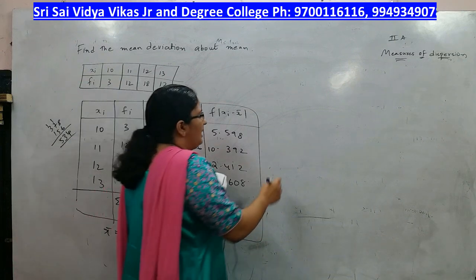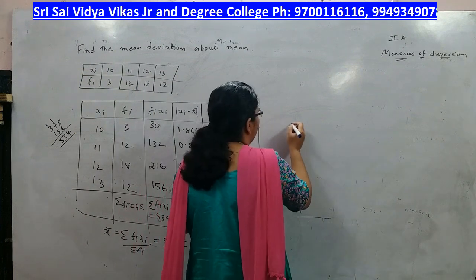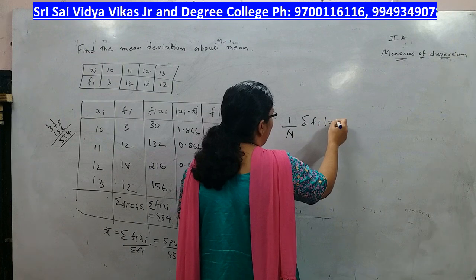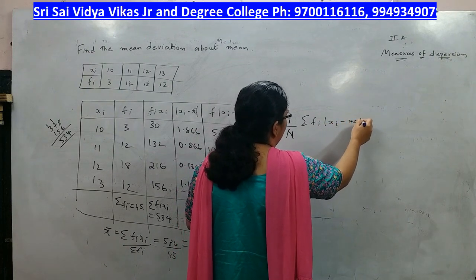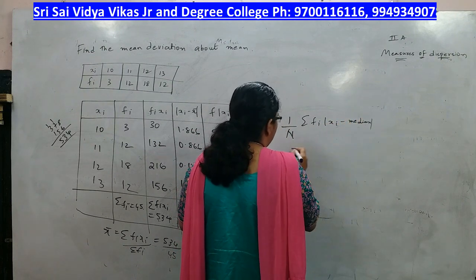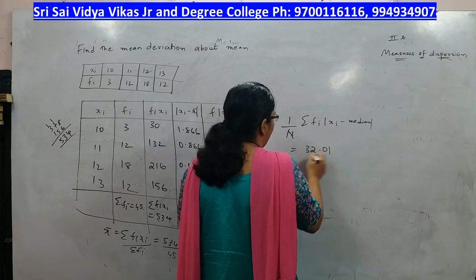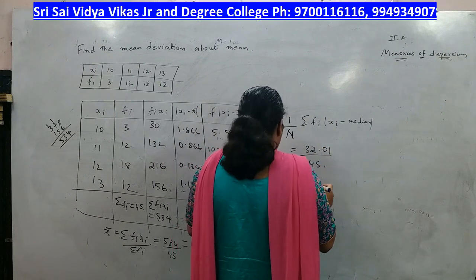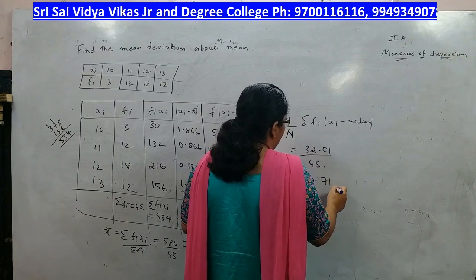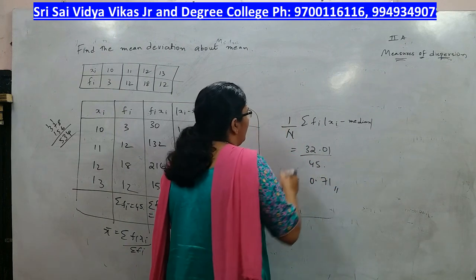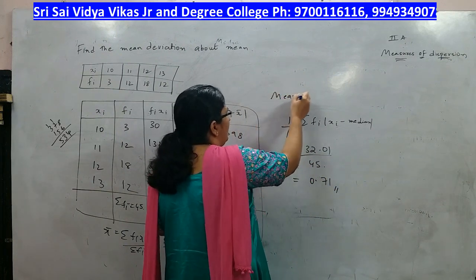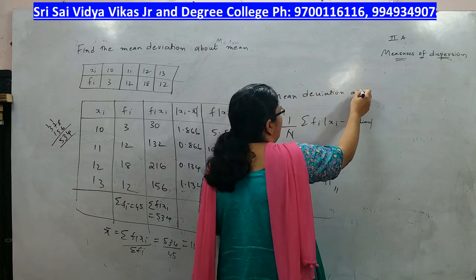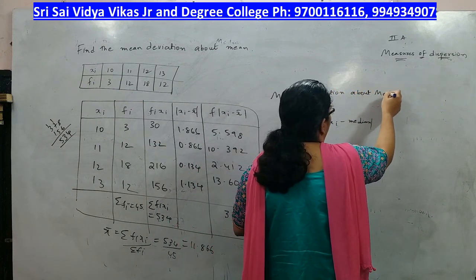Now mean deviation formula is 1 by n summation fi into xi minus x bar, that is nothing but 32.01 by 45, which will give you 0.71. So this is the mean deviation about median.